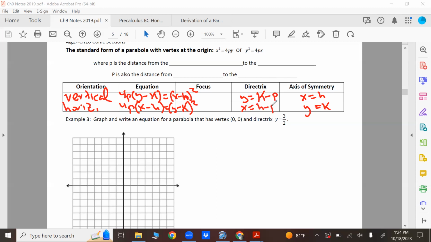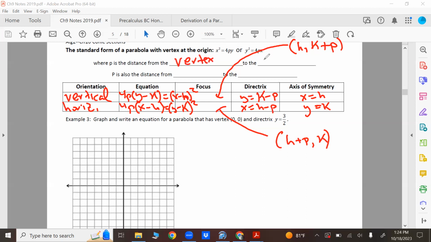And then the focus, because it's going vertical, is h comma k plus p, but this will be h plus p comma k. I think I got it. So p is the distance from the vertex to the focus, also from the vertex to the directrix.